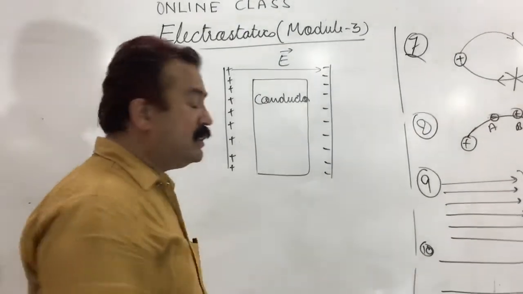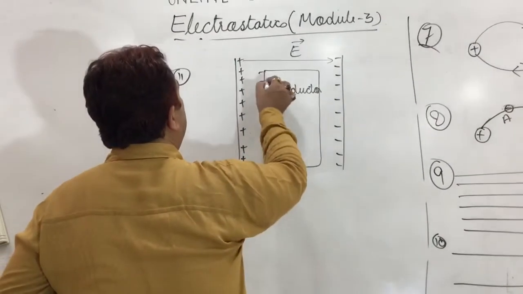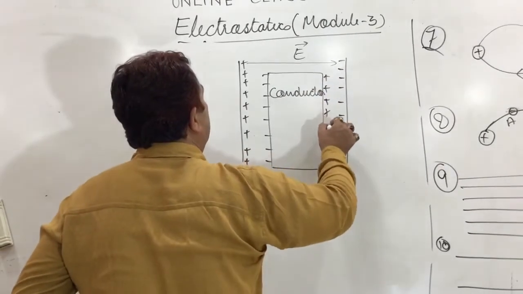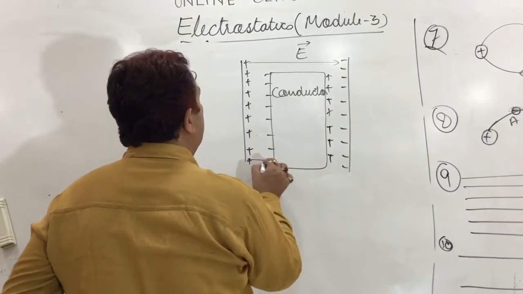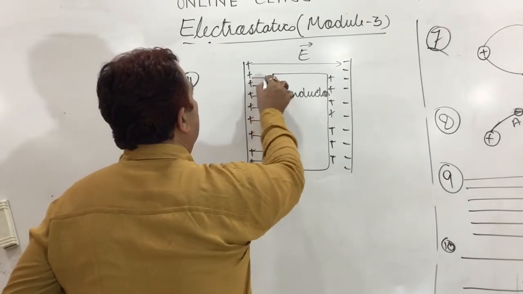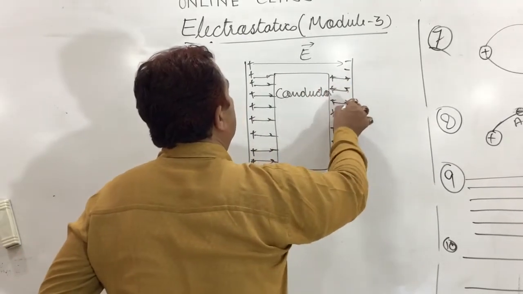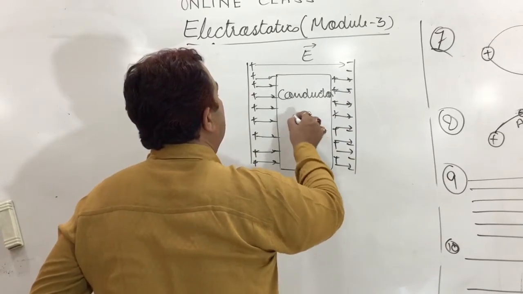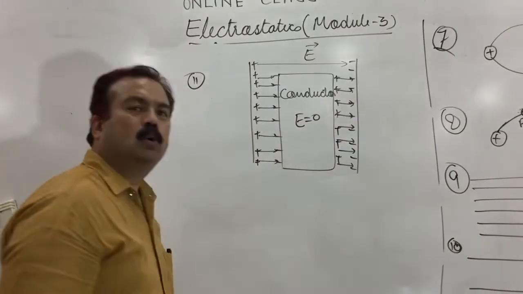Due to induction, negative charge will be induced here and positive charge will be induced here. And electric lines of force start here up to this, and move just like this. Meaning inside the conductor electric field is zero.